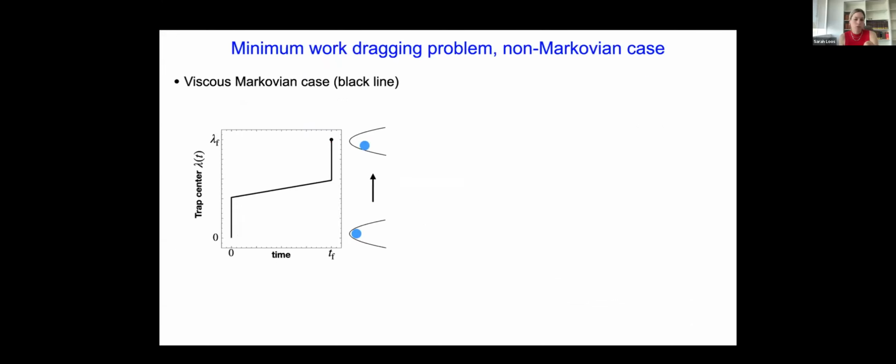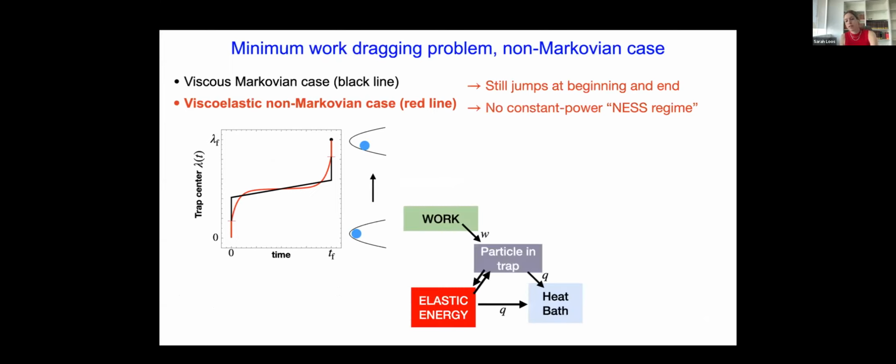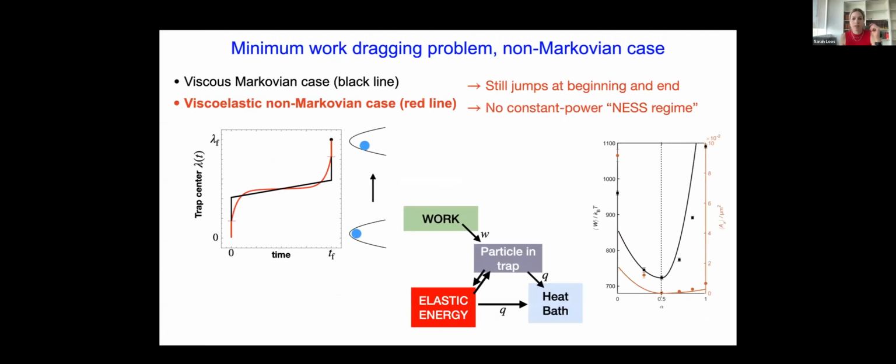So this was the Markovian solution. So now let us look at the non-Markovian solution. In the non-Markovian case, we still have the jumps at the beginning and at the end, but in between there is no linear dragging regime anymore. And I think we can understand that if we are thinking about this elastic energy reservoir that we have, which forbids us to, I mean, it's not the optimal way anymore to just go linearly in time, because then at the end we would have this recoil.